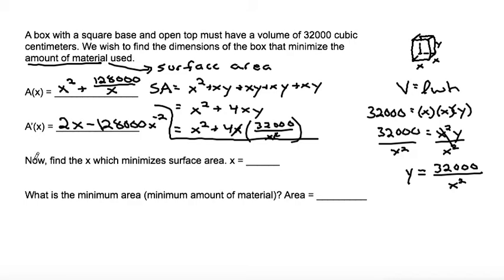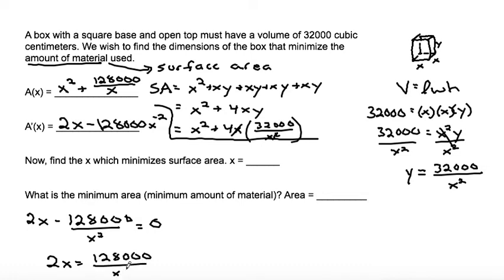Then it says, now find the x which minimizes surface area. So if we're minimizing surface area, we need to set the derivative equal to 0. Let's set 2x minus, I'll move the x squared to the bottom, 128,000 over x squared is equal to 0. So now let's move the negative term over to the other side to make 2x equal to positive 128,000 over x squared.